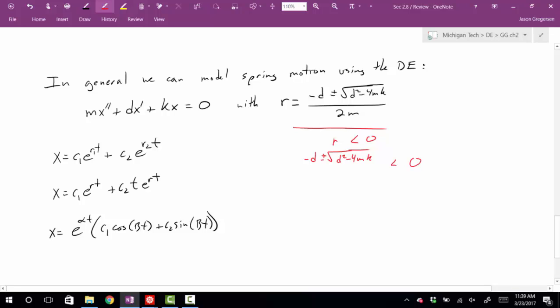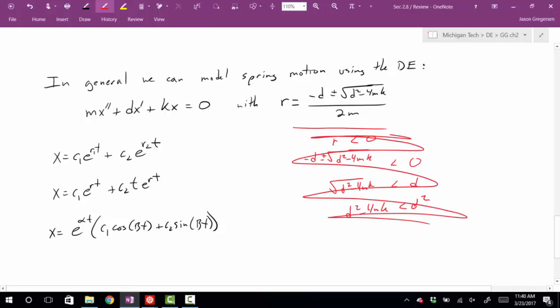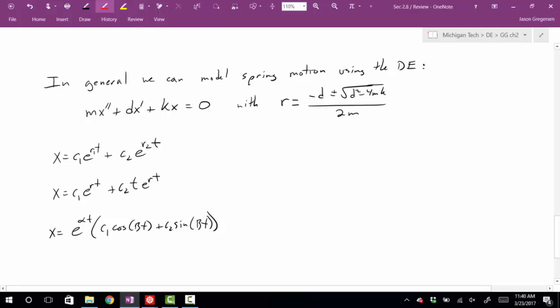I'm going to add that d to the right-hand side. I'm going to square both sides. M is positive, K is positive, D is positive. Is this always true? All right, I'm in business. Okay? So it's really just justifying the fact that R is going to be negative in this real application.